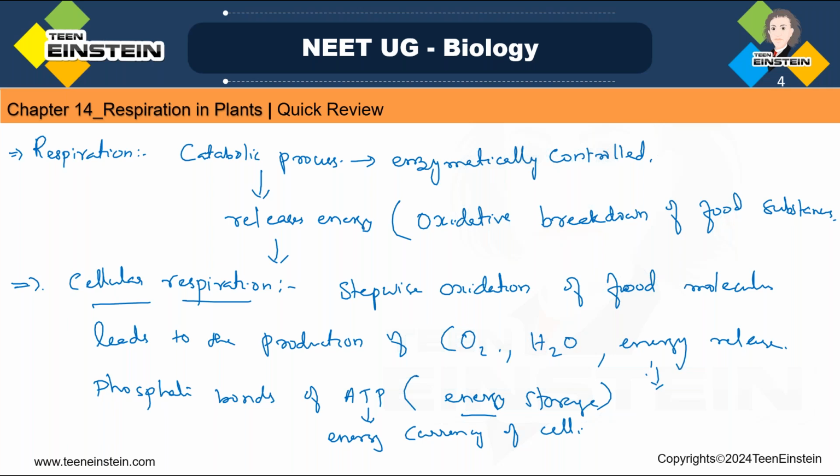This released energy will be stored in the phosphate bonds of ATP, and afterwards this stored energy is getting utilized for the life processes. That's why ATP is called the energy currency of the cell.